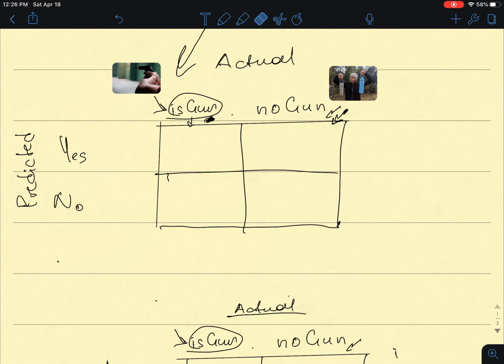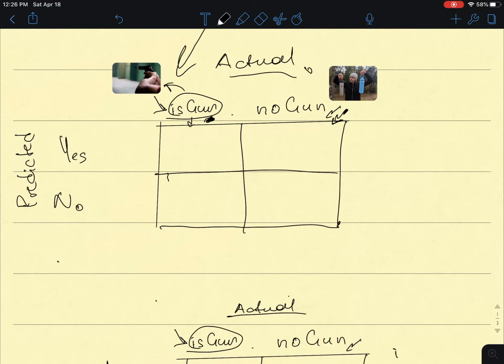So here I have this table. The columns of the table are the actual values of the frame. So the first column is the column when the frame contains a gun, and you have an example of this frame.